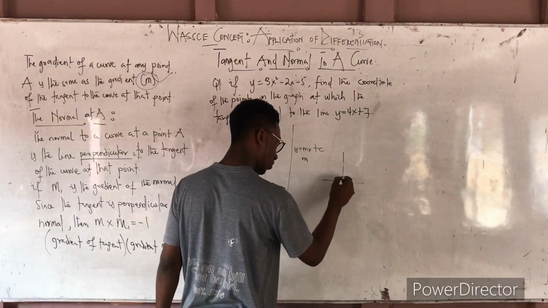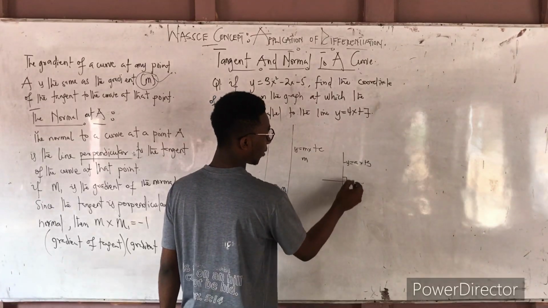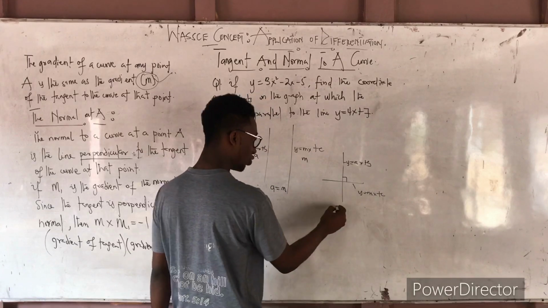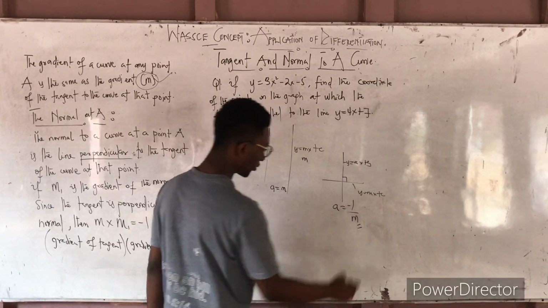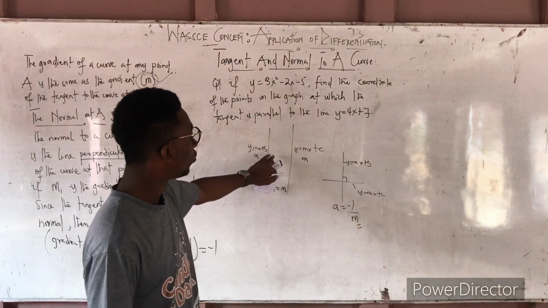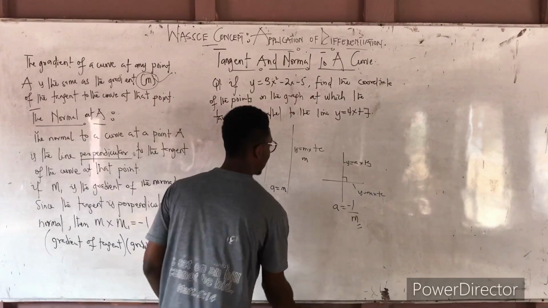But if they are perpendicular, the gradient should be inverse. So a should be equal to the negative inverse of the other one. So this is how you should know: for parallel lines, the gradients are the same, but for perpendicular lines, it's the negative inverse of the other.